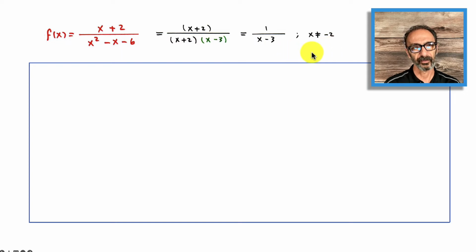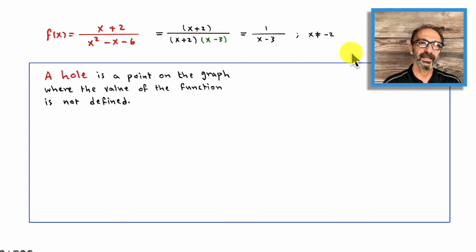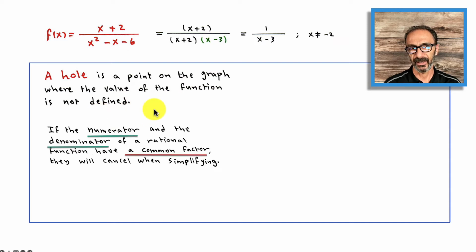A hole in the graph. A hole is a point on the graph where the value of the function is not defined. And if the numerator and the denominator of a rational function have a common factor, this factor x plus 2 is in common between the numerator and the denominator.